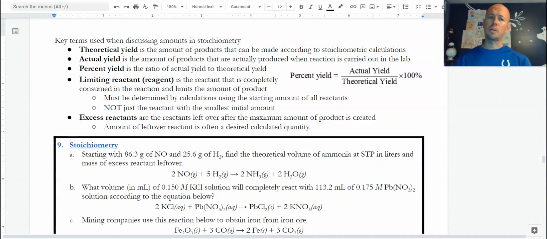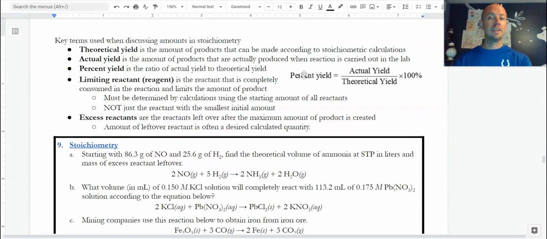More often than not, we're going to make a little bit less than actual, and we might want to know how much less by using an equation to find the percent yield. In reality, our actual yield would have to be less than or equal to our theoretical yield, but sometimes if we collect an incorrect product, if our product is still wet, if our product is not pure, our actual yield can be weighed as a higher number or recorded as a higher volume than what our theoretical yield would account for.